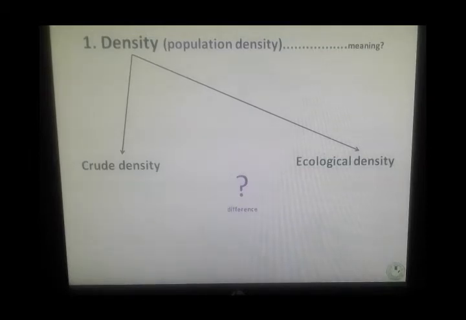So definitely that 0.5 hectare is the habitat space of the fishes, isn't it? So there the density will be higher. In that case, we do not calculate the crude density. I hope that you have got my point.